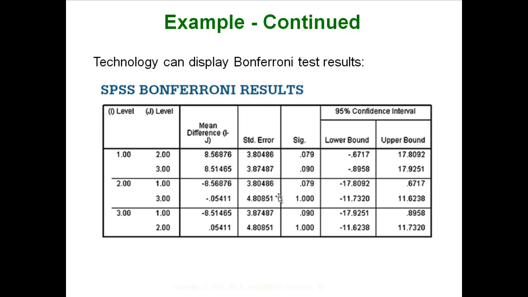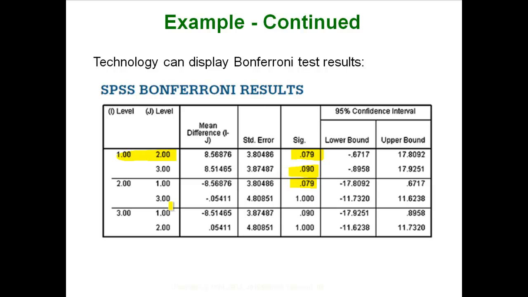What you're looking for are the significance levels. Here is your significance level when you're testing 1 versus 2, and here's the significance level when you're testing 1 versus 3. You can see that when you test 2 versus 1, you get the same thing. Duh, right? It makes sense because 2 versus 1 is the same thing as 1 versus 2.